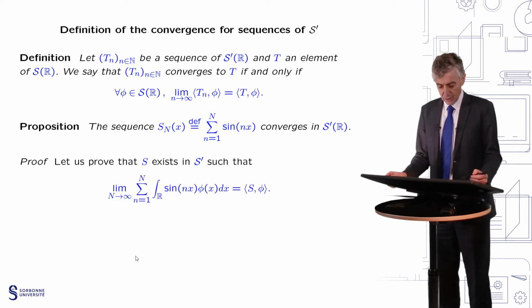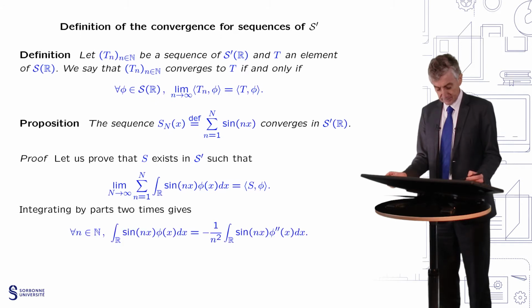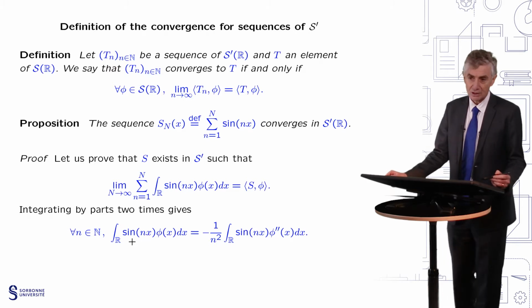Okay. So we have to find a distribution S such that for any function phi in S, this converges. And using integration by parts, we have this. The detail of this is an exercise you can do by yourself.